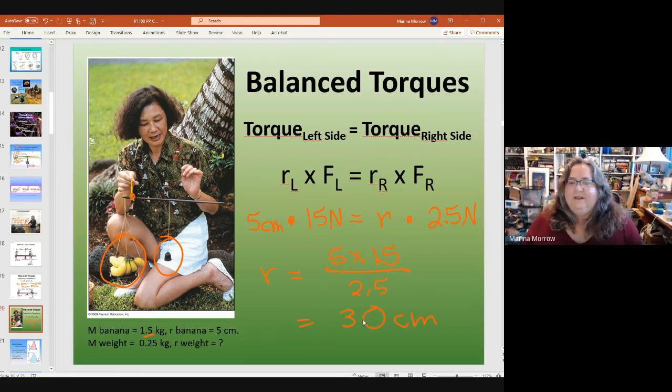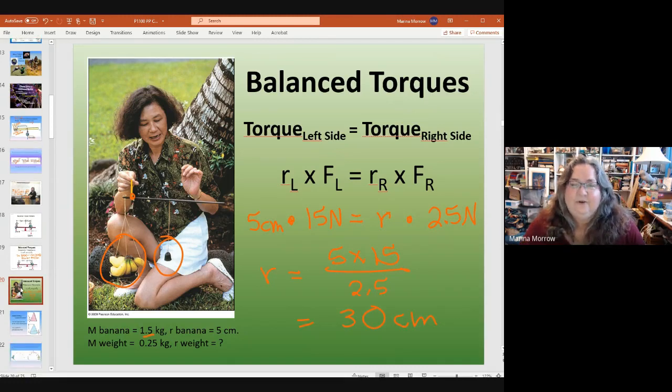So 30 centimeters should be how far out this is. If this is 5, then that's 5, 10, 15, 20, 25, yep, around 30 centimeters. So anyway, that's how you do torques.